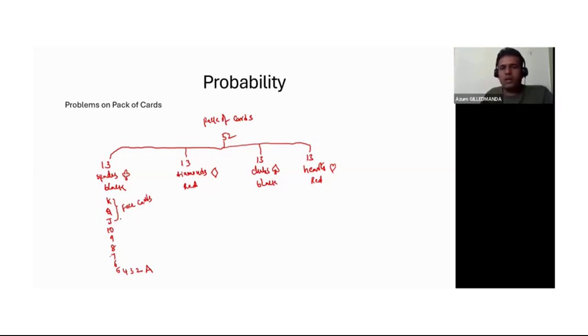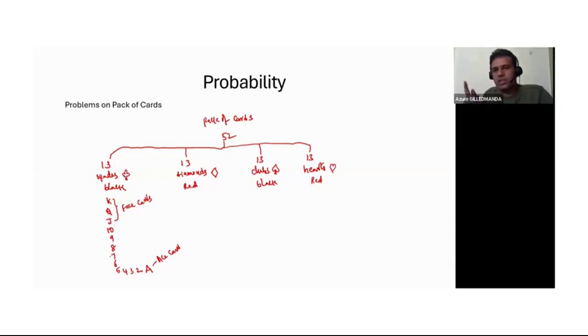So king, queen, jack are face cards, and the others are numeric cards, and A, the last one, is ace card. Like that, every 13 have those denominations, right? K, Q, J, and then the numerics 10 to 2, and then A. The first card is A, which is ace card. Okay. So this is the structure of pack of cards.